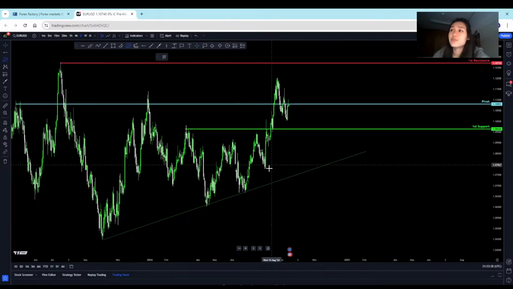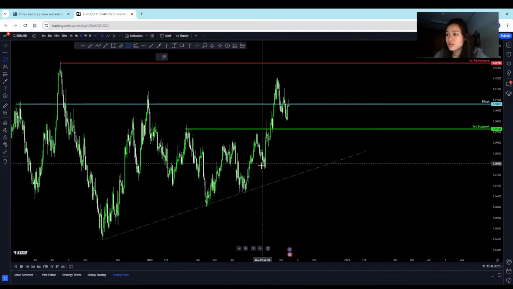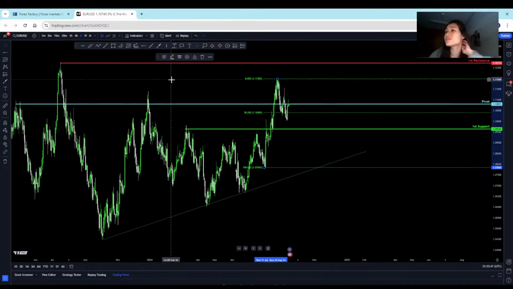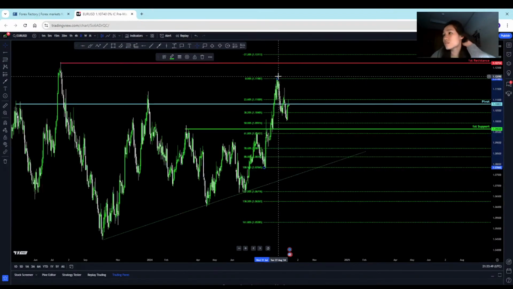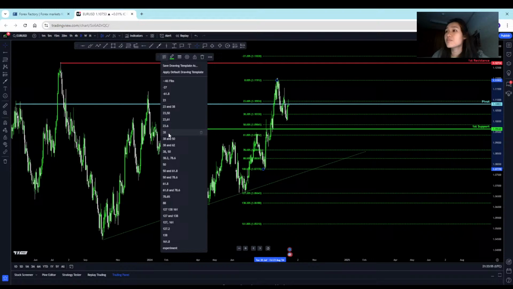Okay, going in with our Fibonacci levels. You can see our 50% lining up.